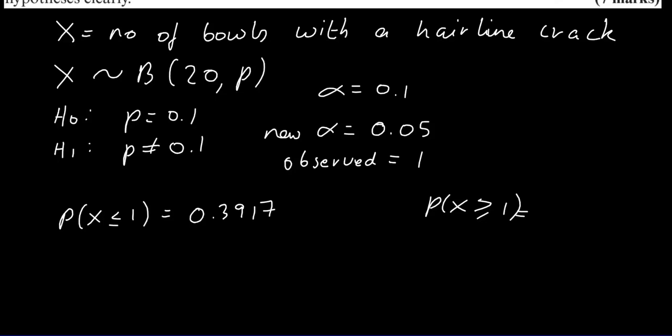Greater than or equal to 1 is the same as saying 1 minus the probability that x is less than or equal to 0.